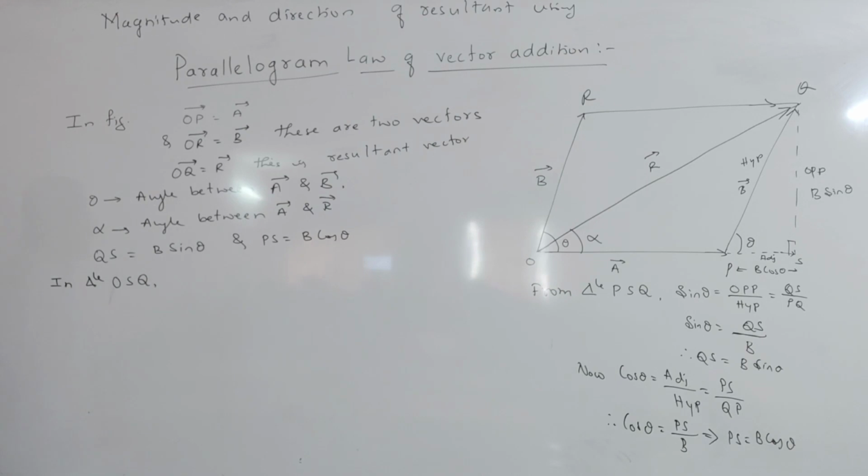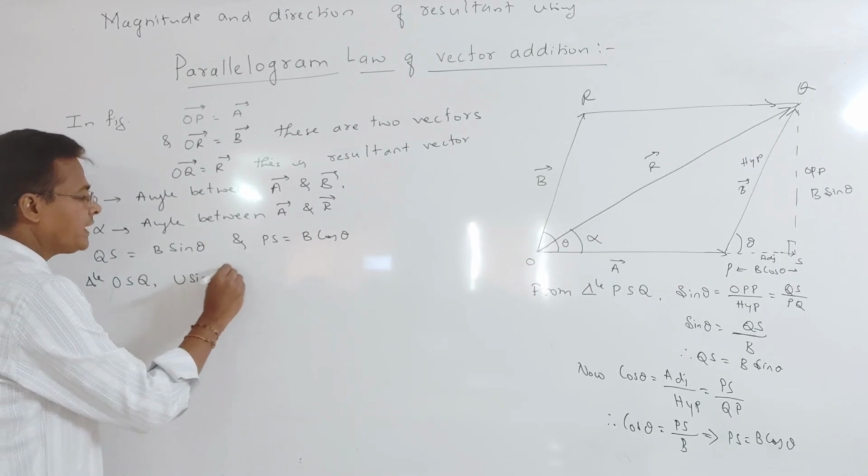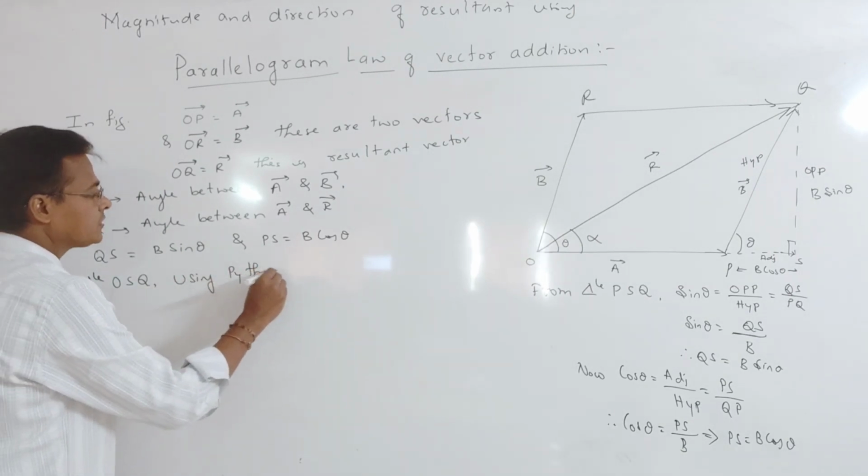OSQ is the right angle triangle. So using Pythagoras theorem.